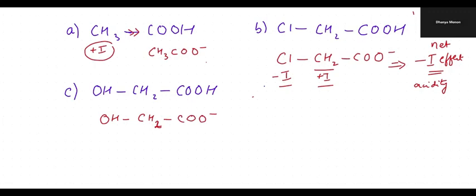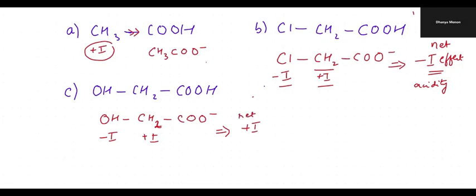Over here, OH has a minus I effect and CH2 has a plus I effect. Here, the net effect is that the plus I effect dominates. So the net effect is plus I effect.